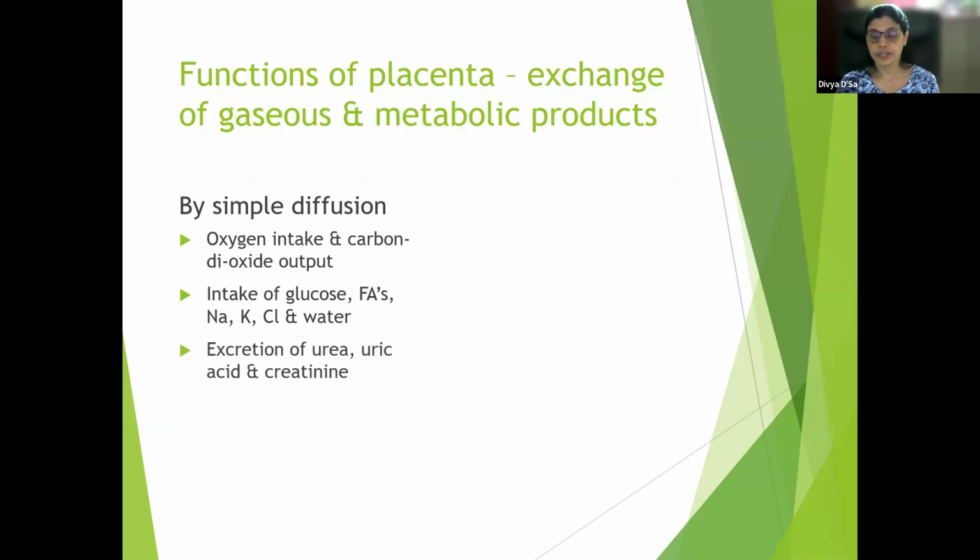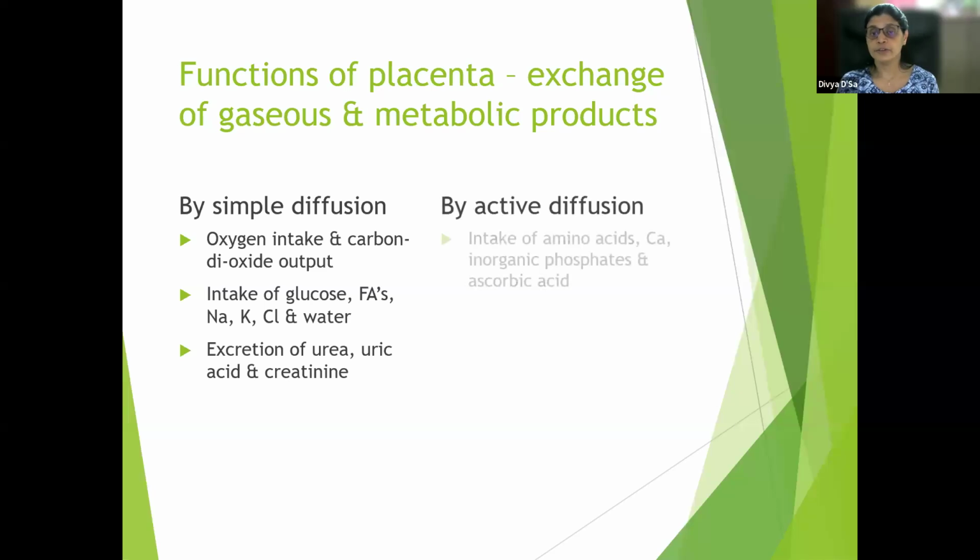Excretion of urea, uric acid, and creatinine is also by simple diffusion. By active diffusion, we have the intake of amino acids, fatty acids, calcium, inorganic phosphates, and ascorbic acid.